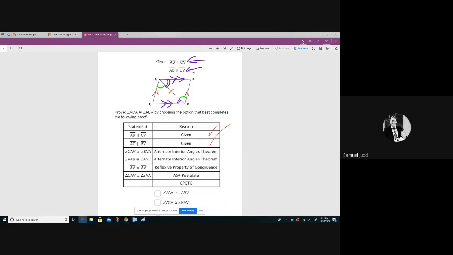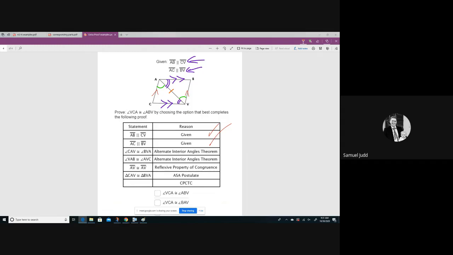There, that's when we get a segment equal to itself, the segment that is shared between the two triangles. And so then we get to say, hey, because we have an angle, a side, and an angle, and the side is in between the angles, our triangles are congruent. Now that we know that the triangles are congruent, we can actually do our last step, which is to prove VAC congruent to ABV.